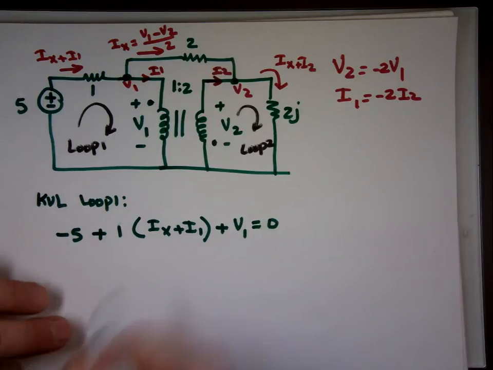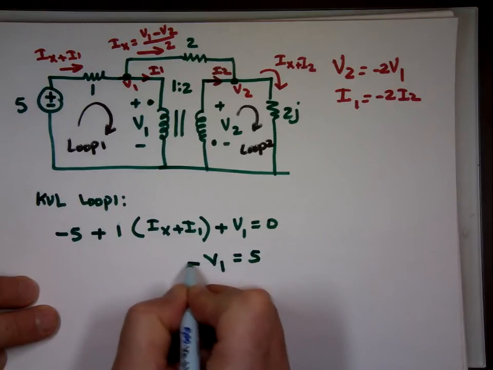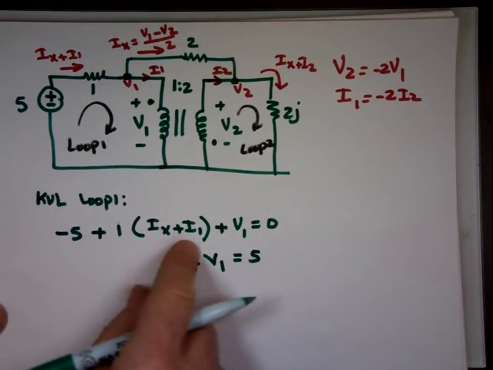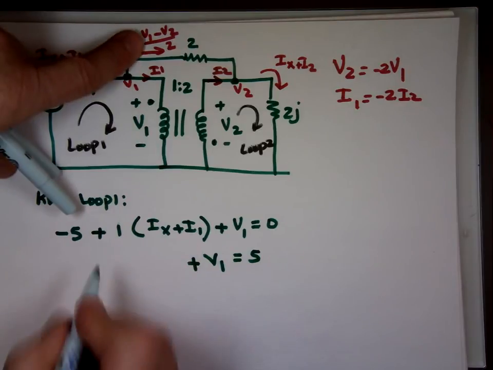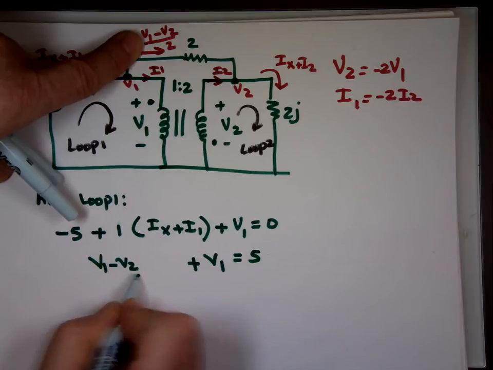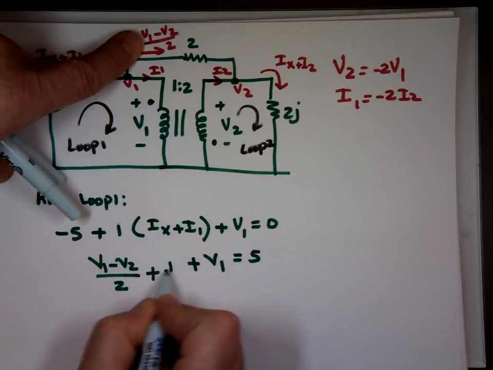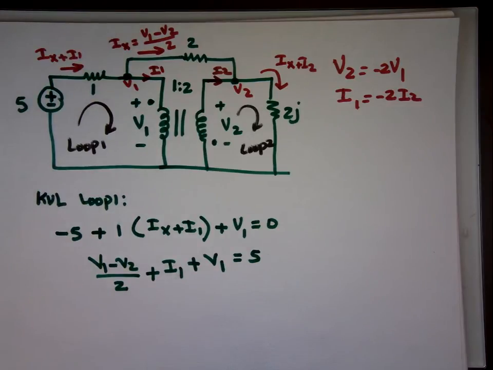5 equals, there's V1 plus 1 times that. Let's replace I sub x by its value, which is what? V1 minus V2 divided by 2 plus I sub 1. That's a 5, or 5 angle 0.